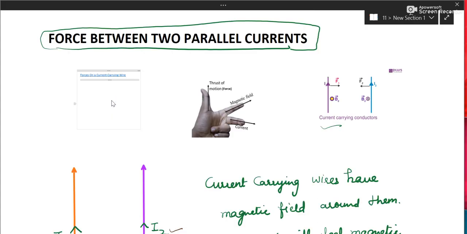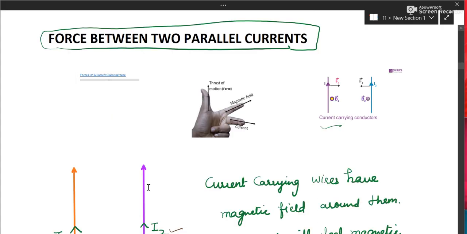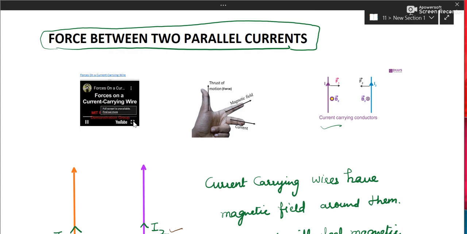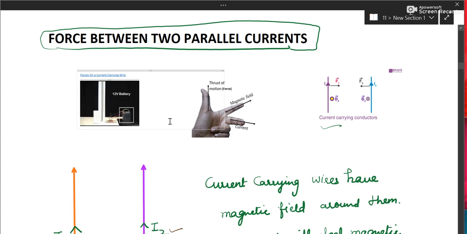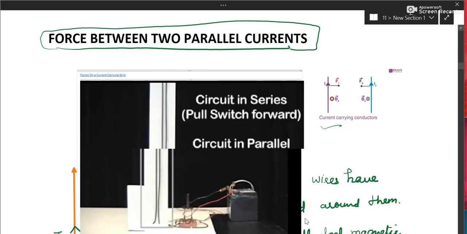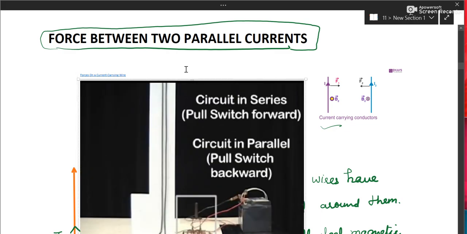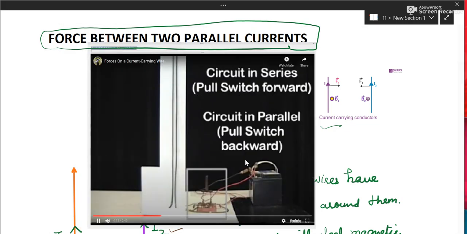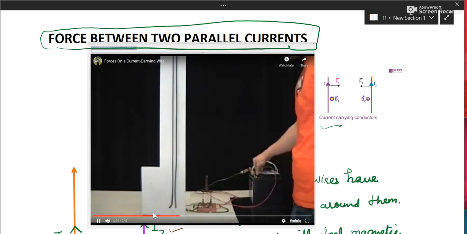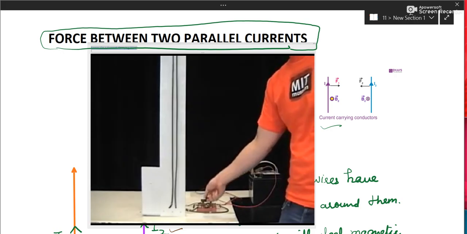Let us see if it is visible. So you can see in this, there are two parallel wires.